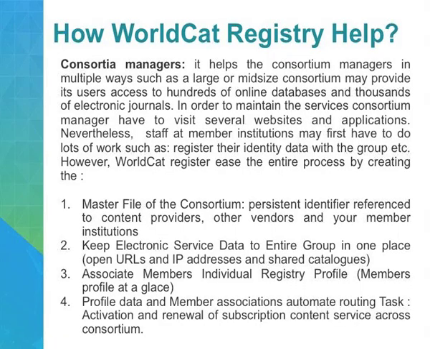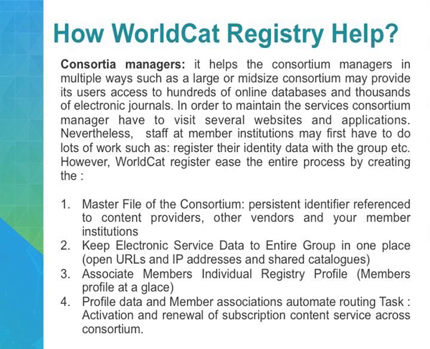So, how the WorldCat registry helps, you need to understand. The WorldCat registry helps many stakeholders in information access and management and the information provider, and one of them is the consortia manager. It helps the consortia manager in multiple ways. A large or mid-sized consortium may provide its users access to hundreds of online databases and thousands of electronic journals.